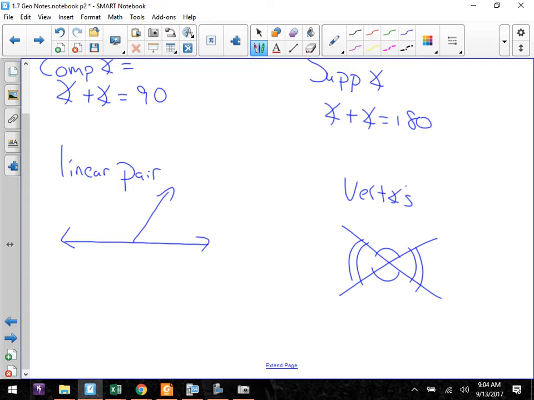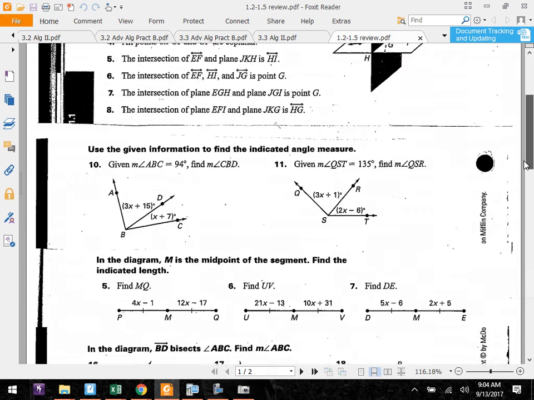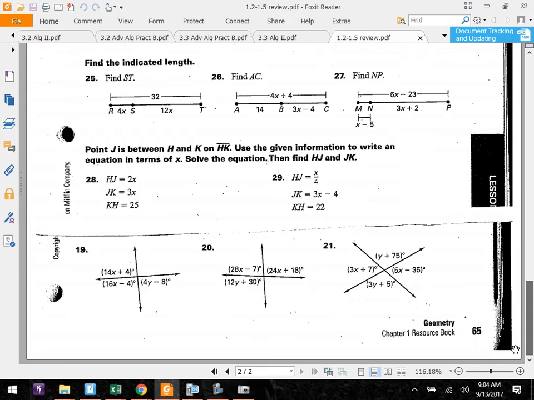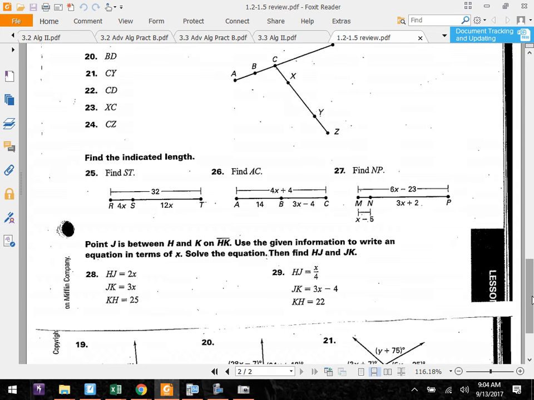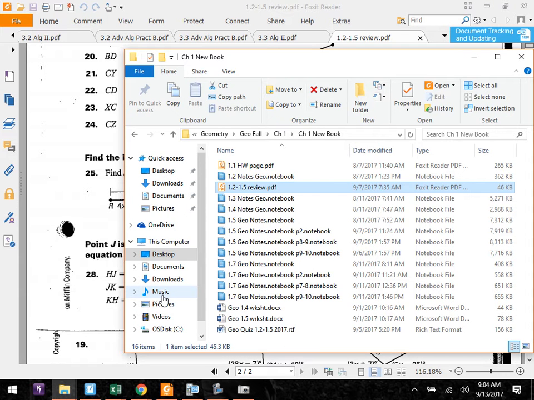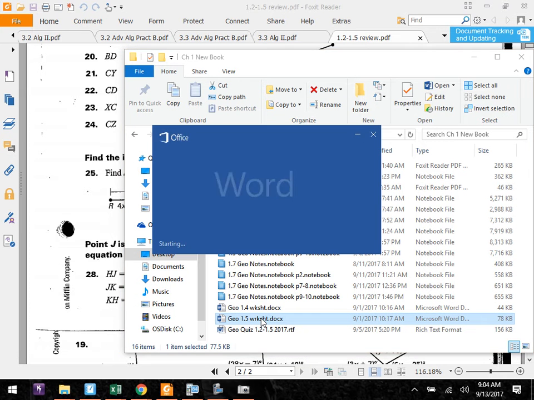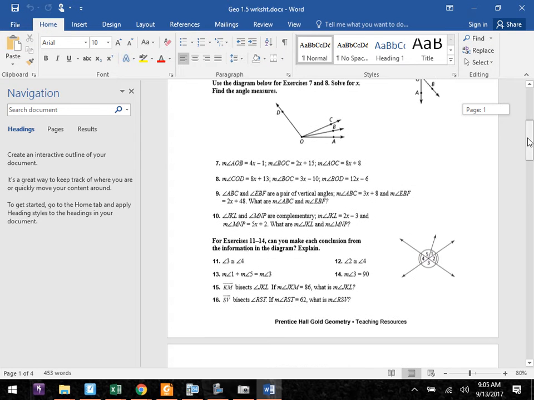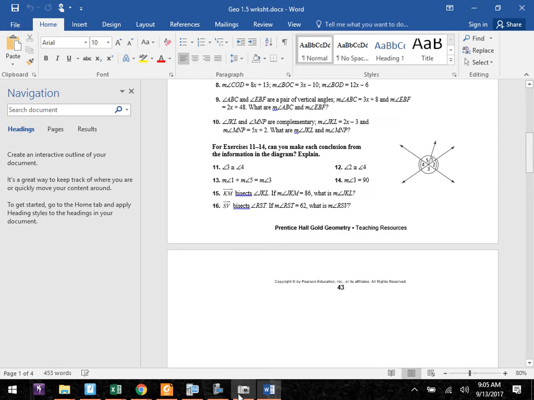Now, what happens here is that you have to understand that when you see something that says... and we did an example like this the other day. And most of you guys didn't understand what I was doing.